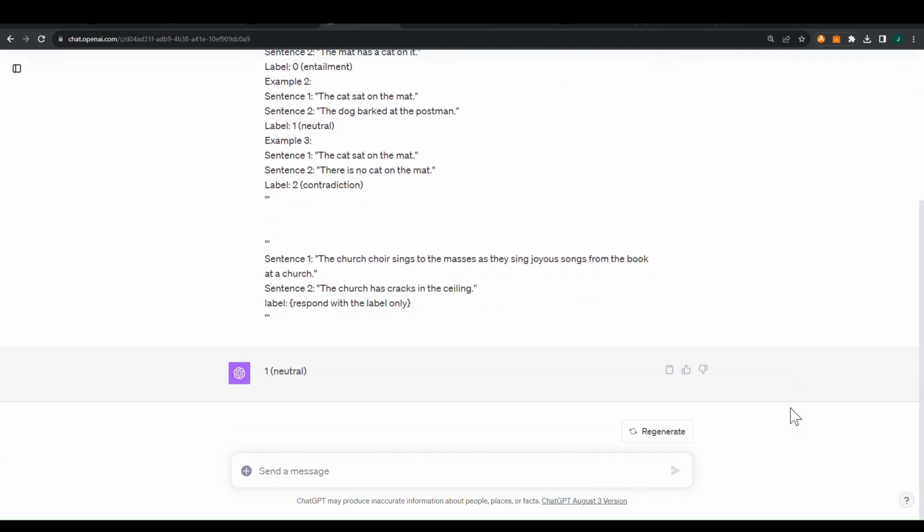The challenge here is obviously that every time you hit that GPT-4 or GPT 3.5 API, it incurs a cost. So if you've got a very large data set, the cost is going to scale with the number of observations that you're trying to label.